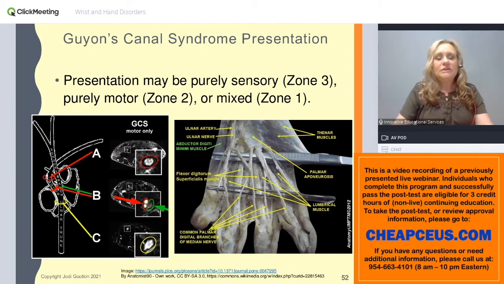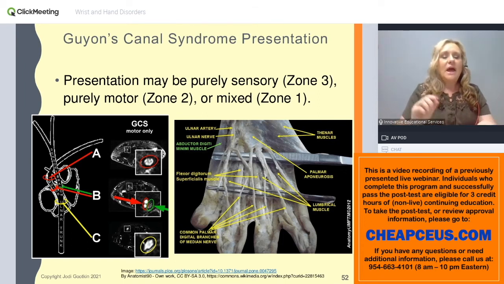The clinical presentation for Guyon's canal can be varied. The reason is that as this nerve is going through the tunnel, it has motor and sensory branches, and the tunnel itself is considered relatively long compared to other regions where nerves are passing in the body.